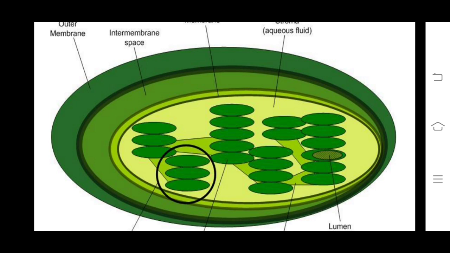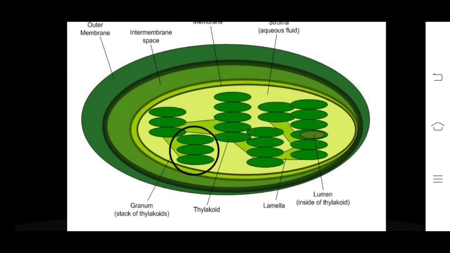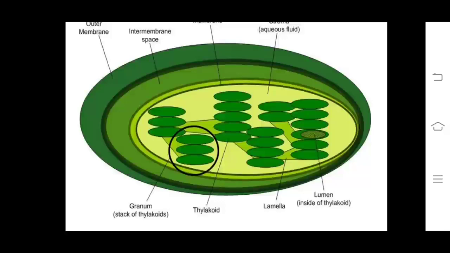Then in between the granum, there is a fluid filled portion called stroma. And in the stroma, all the enzymatic or dark reactions take place. So you can see that the thylakoids or the granum form stack-like structures, like a stack of coins placed one above the other.